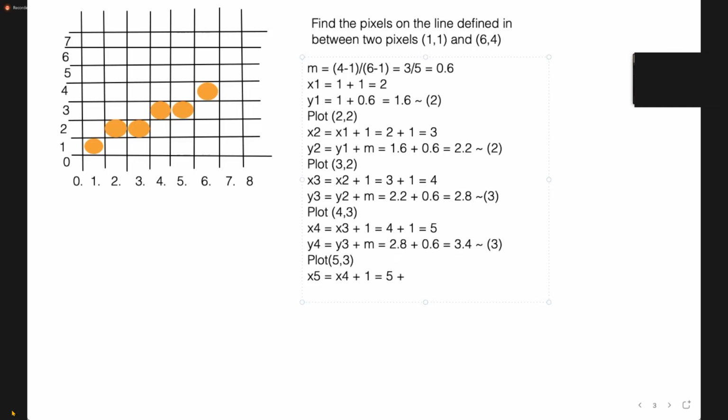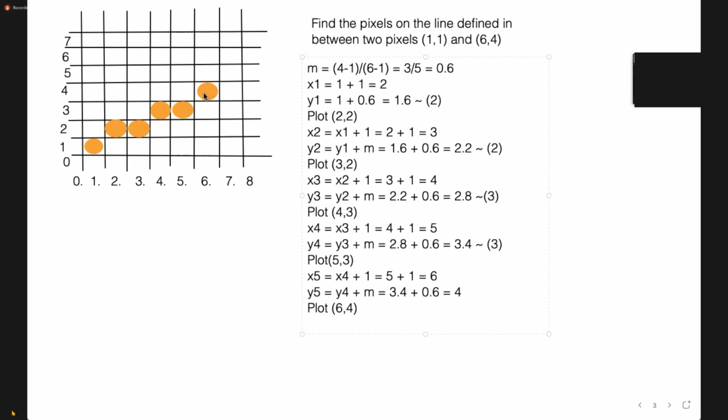So x4 is 5 plus 1, it is 6. y5 equals y4 plus m. y4 is actually 3.4 plus 0.6, which will become 4. So we plot the last point, 6, 4.